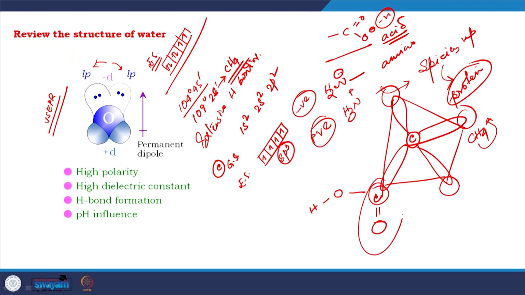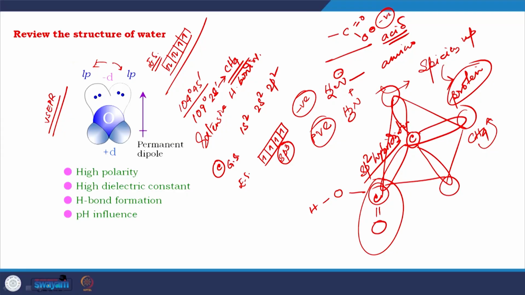So, here there is sp2 hybridization. So, the change of state of hybridization changes the chemistry, and we know that it alters the bond length as well as the total constitutions.